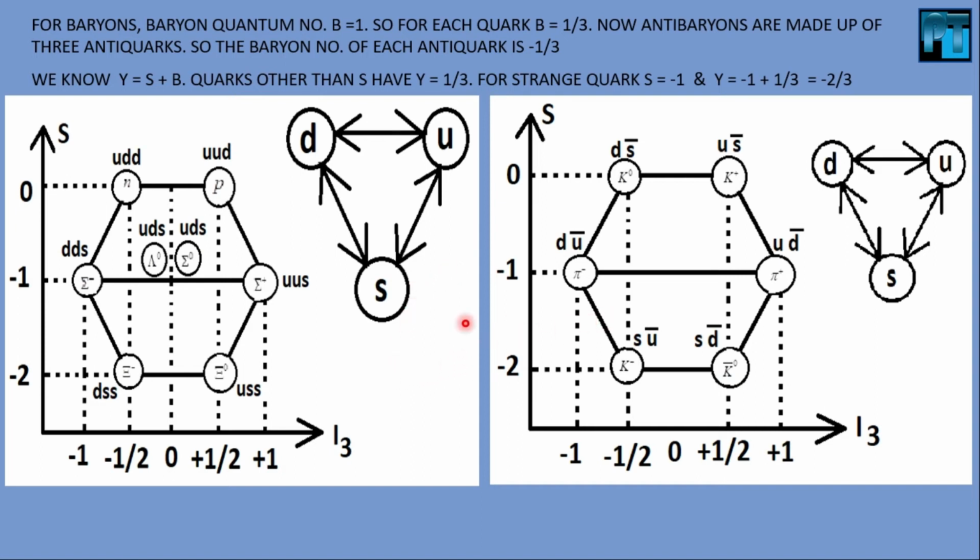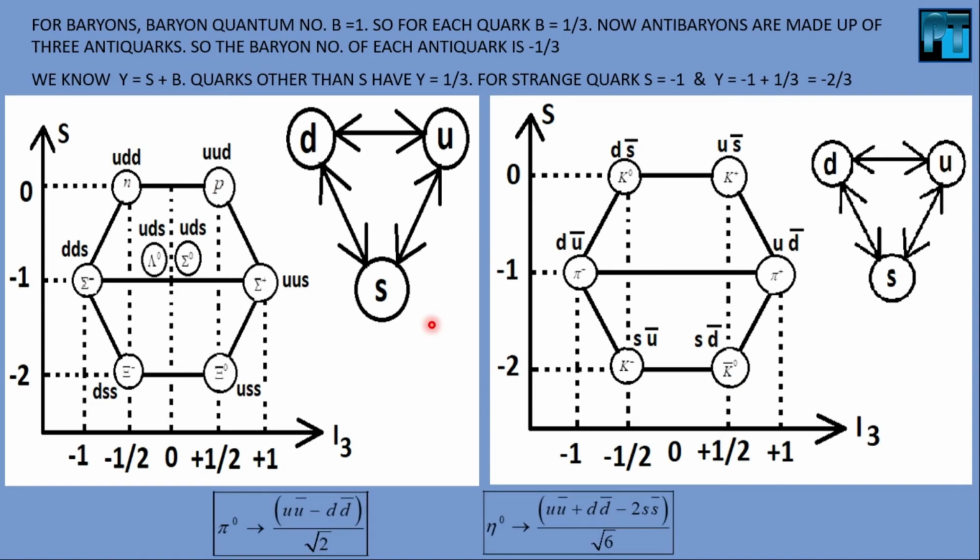So from these two pictures you can easily know the quark contents as well as the different quantum numbers of these elementary particles. But see, there are two particles missing. One is pi naught and two is eta naught. I am not talking about eta dash. So pi naught, you have to cram these two here, because I cannot show you the mathematics of why they are like that, why they are not any other combination of u and d.